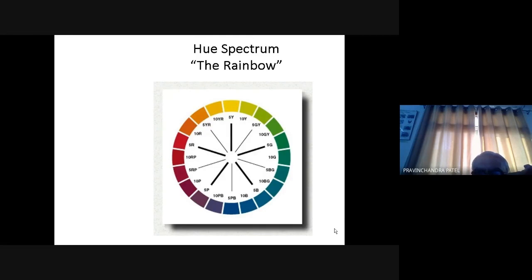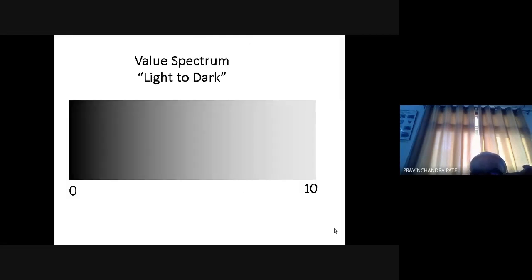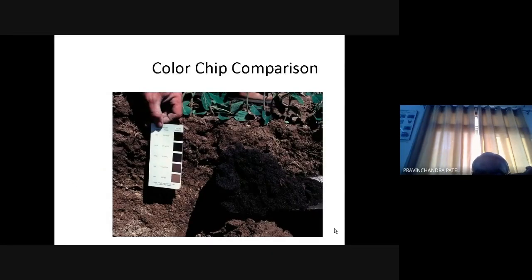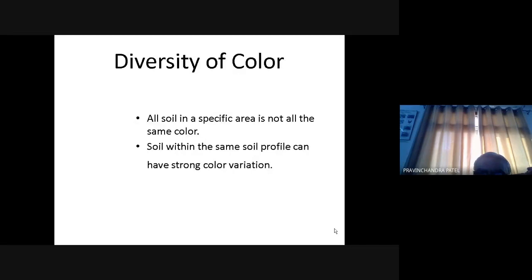So here it is the rainbow spectrum, then the value spectrum, then the chroma spectrum intensity, here 0 to 10. Suppose you find a color here, then it is 8. Suppose you find a color there, then it is 2. So, color chip comparison. I told you that you have to prepare the color chip, then compare with the soil. Then you can grade that type of soil. Soil color factor.